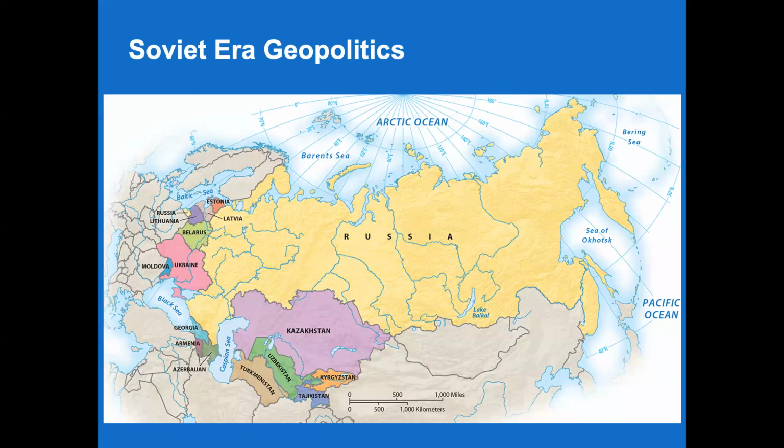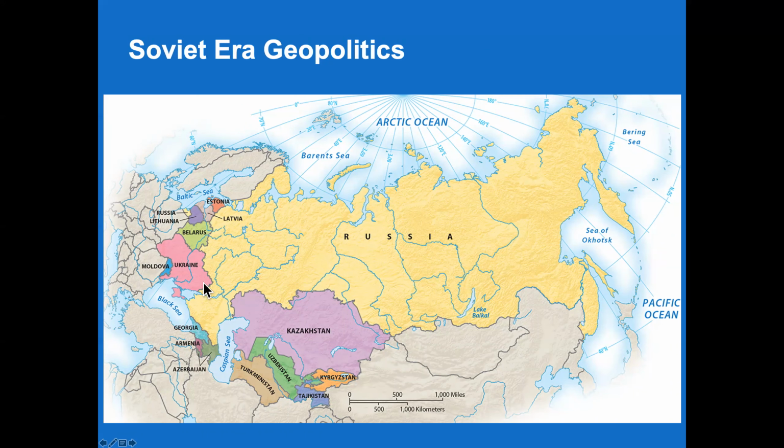And so let's look at some of the, in terms of Soviet era geopolitics, anything that is not brown or anything that's not this color used to be the Soviet Union. It was enormous. It's still big, but it lost everything in these colors.